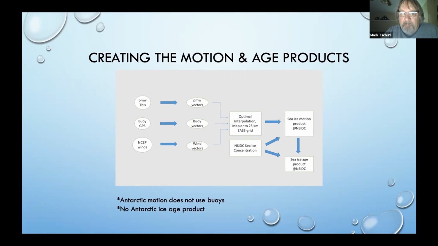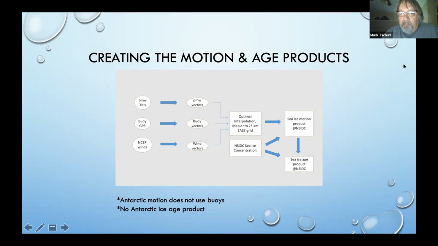That optimal interpolation is based on weighting the individual sources, so the brightness temperatures, the buoys, and the winds, according to a weighting system. Since buoys are really pretty much the truth of how the motion is doing, we rate that the highest at 0.95.